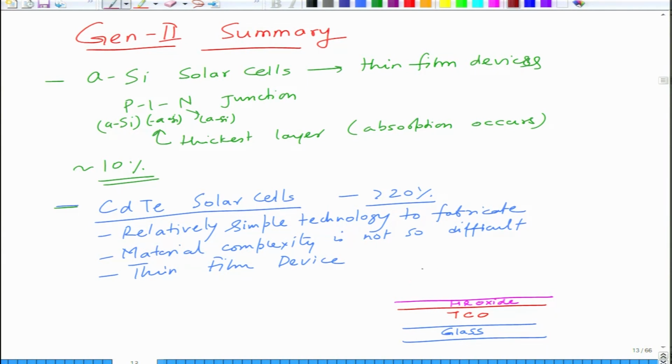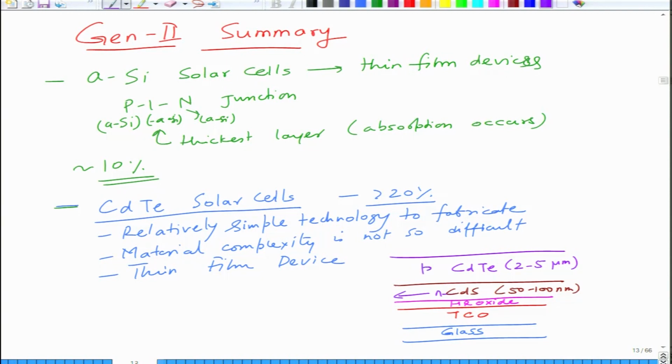On top of this we have a cadmium sulphide window layer which is 50 to 100 nanometers, and then a layer of CdTe which is about 2 to 5 microns. This is N-type CdS, this is P-type CdTe, this is the PN junction, and then on top of CdTe we had a gold contact or nickel aluminum contact.